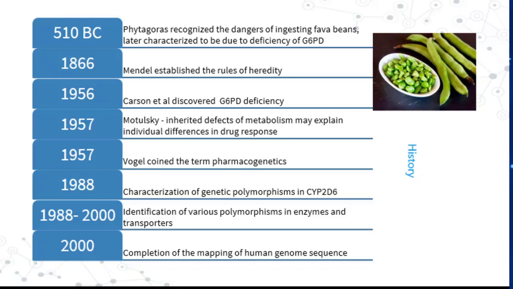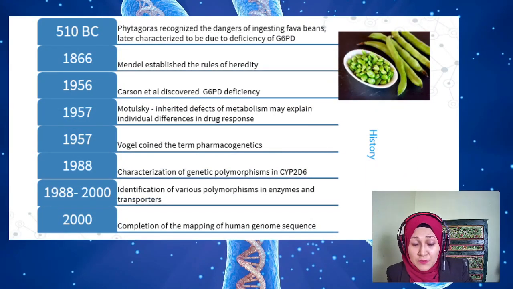In 1866, Mendel established the rules of heredity. And fast forward to 1957, Motulsky discovered the inheritance of defects in genes related to metabolism, which might explain why certain individuals have different drug response profiles, which is already a big component of pharmacogenetics.